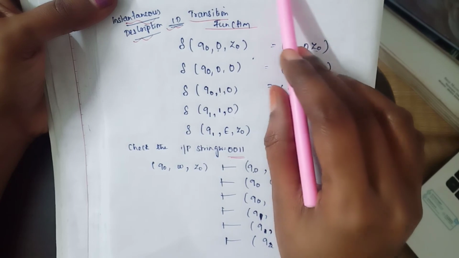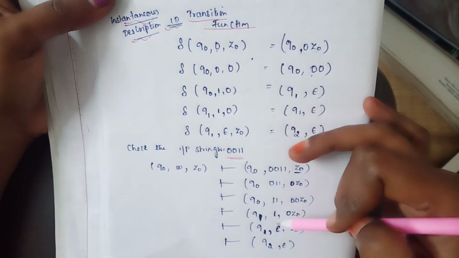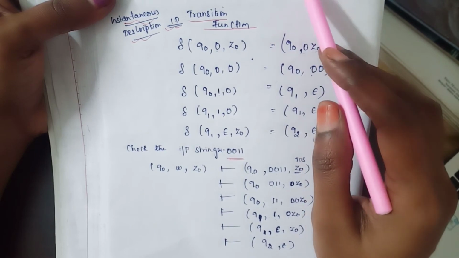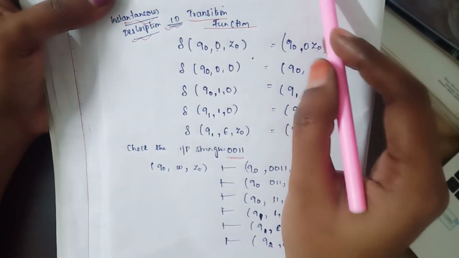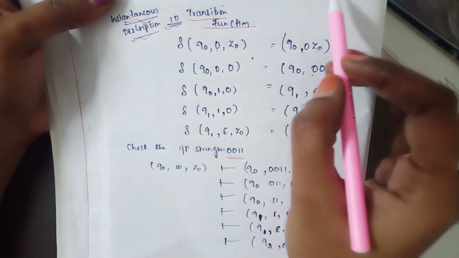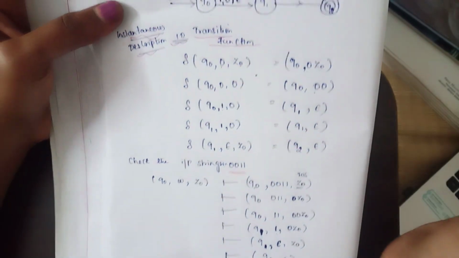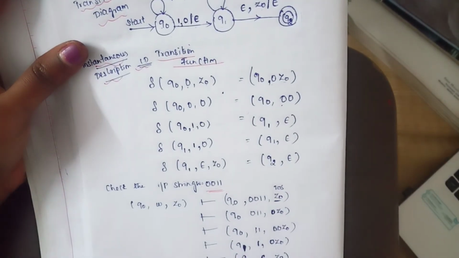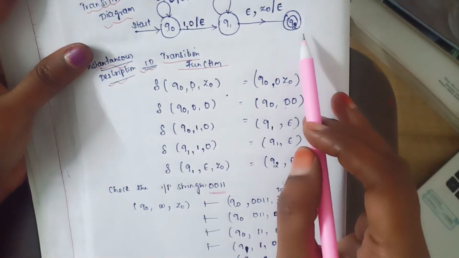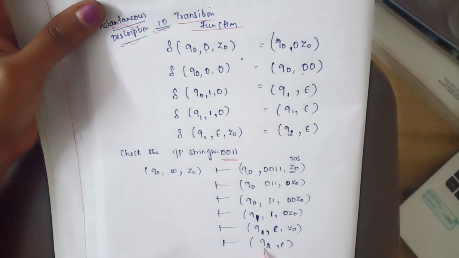There is no input given to this state, but the top of the stack is z0 and the output will be epsilon. So I indicate that the final state has been reached: q1 epsilon z0 always goes to q2 epsilon.